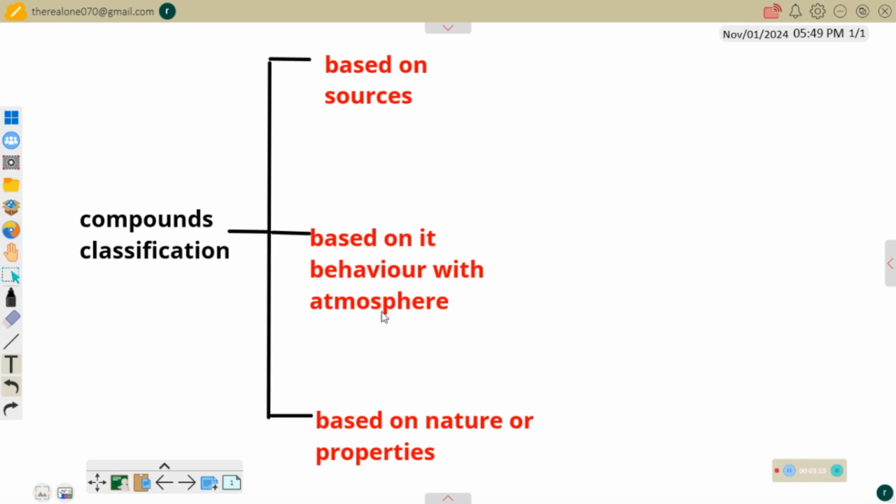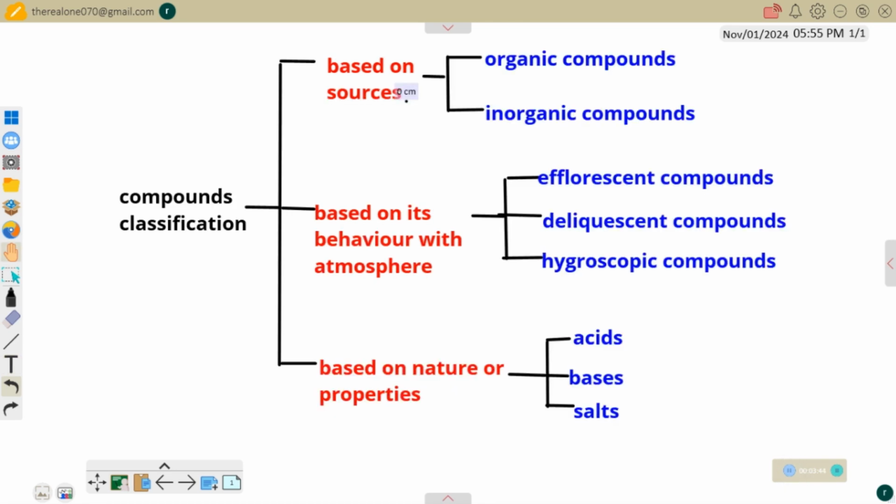Secondly, we have based on behavior with the atmosphere, that is, based on how they behave when they are exposed to the atmosphere. Thirdly, we have based on nature and property. So let's consider the types of compounds based on these three concepts.